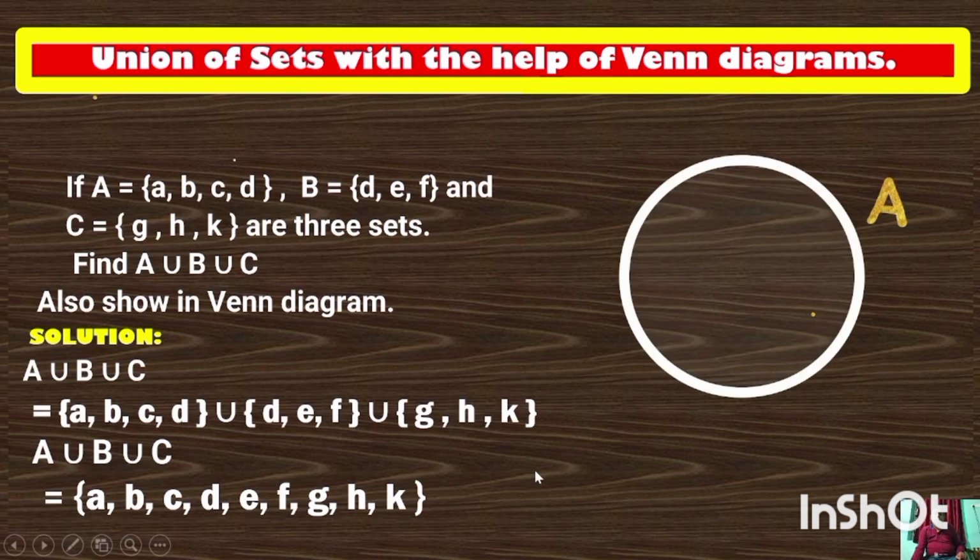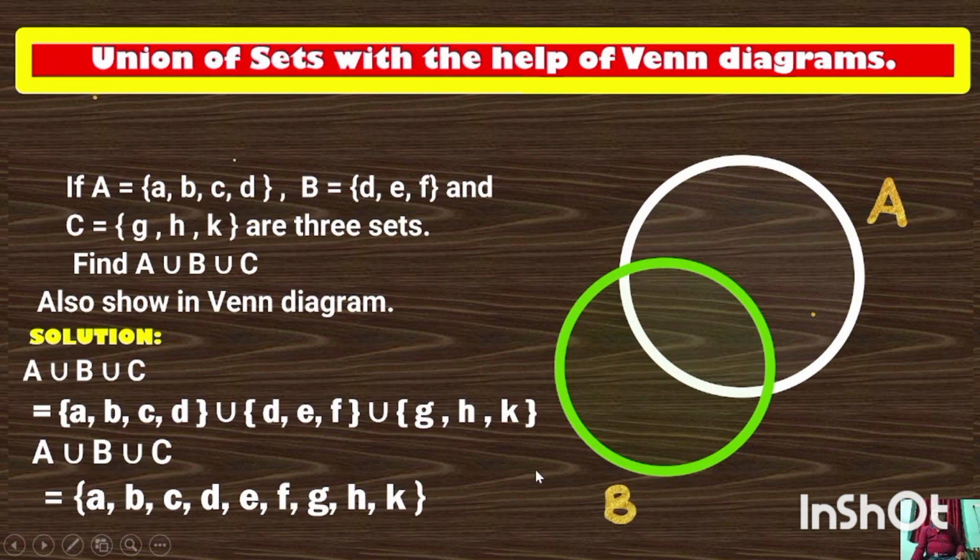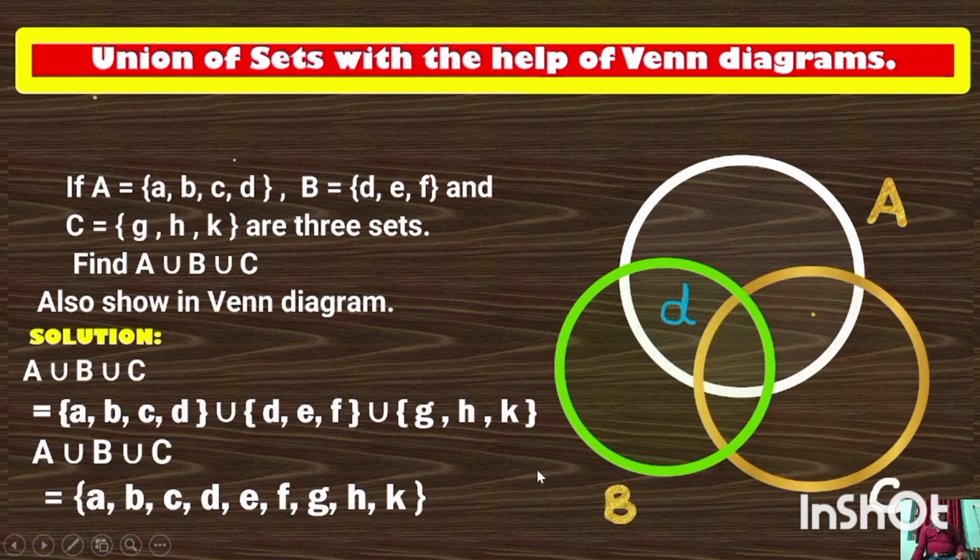Here it is the set A, set B, and set C. Here you see the elements of the set A: A, B, C, D. And here the elements of the set B: D, E, F. And here this is the set C, and its elements are G, H, K. Understand?